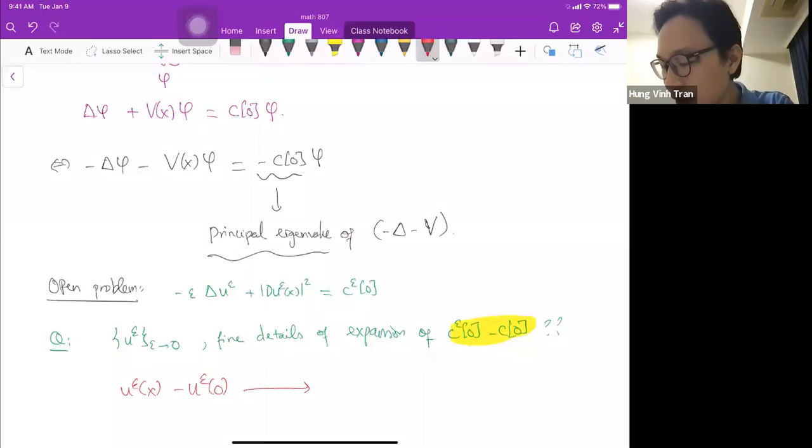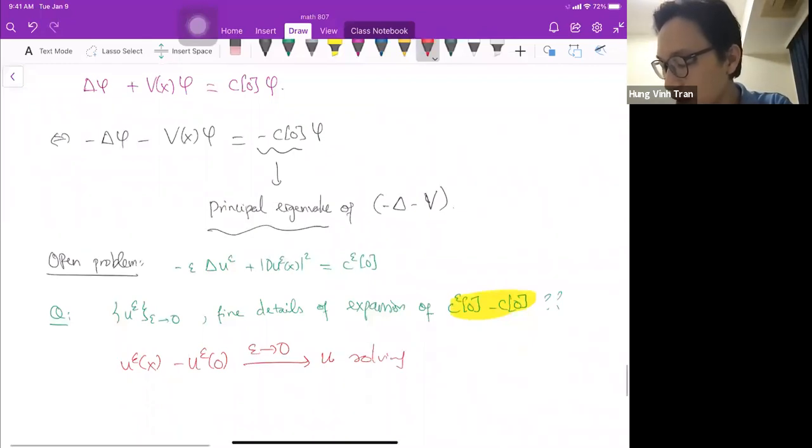does it converge in the full sequence as epsilon goes to 0 to a unique function u solving the equation? No, I am missing V here. I'm writing nonsense, I'm sorry. Let me modify.